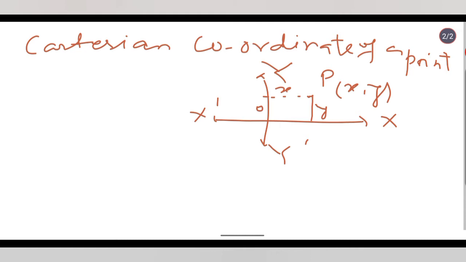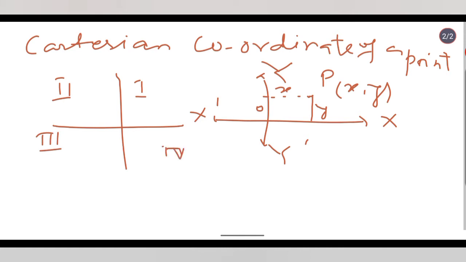Now here we see the coordinates. Here x o x dash and y o y dash, the axes, are mutually perpendicular, so they divide the plane into four parts. These are called the first quadrant, this is the second quadrant, this is the third quadrant, and this one is the fourth quadrant.